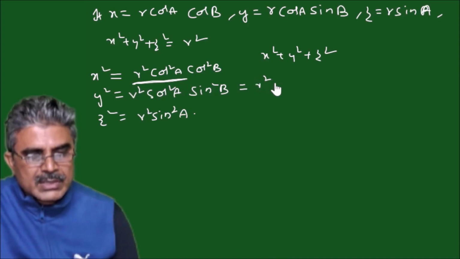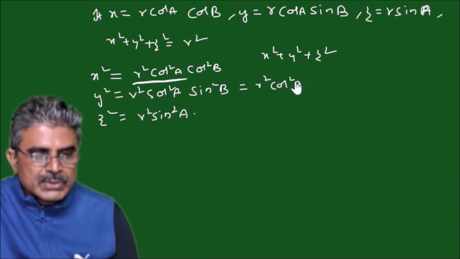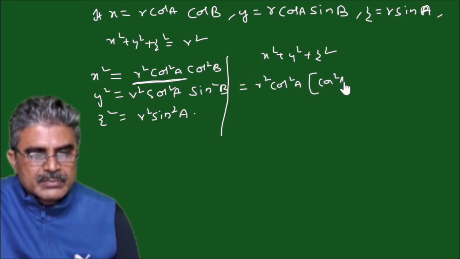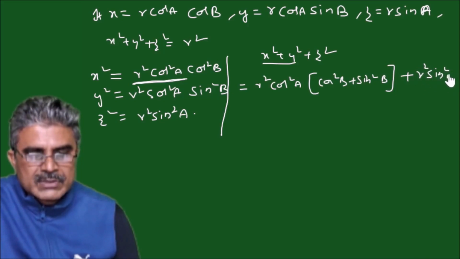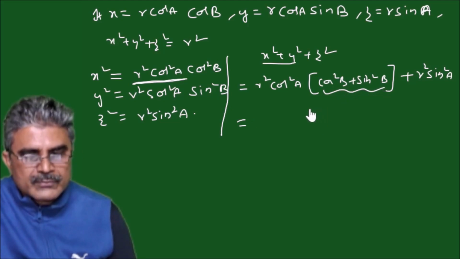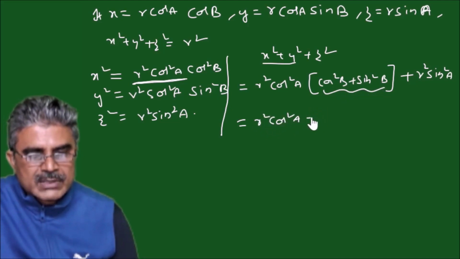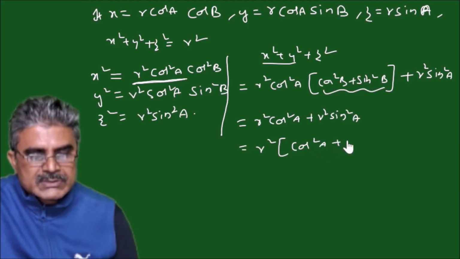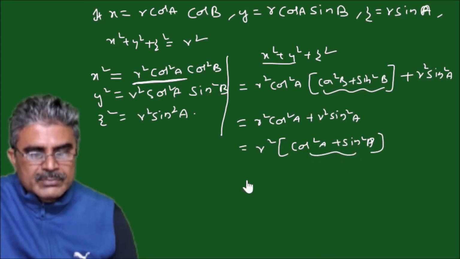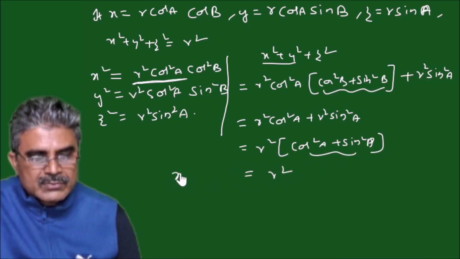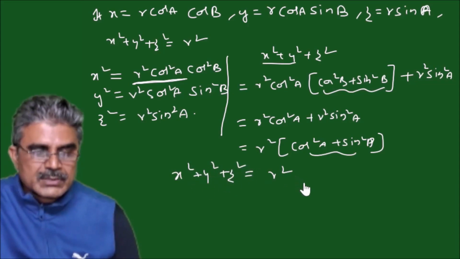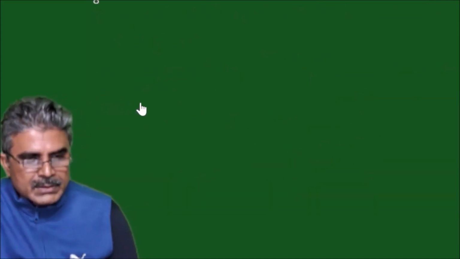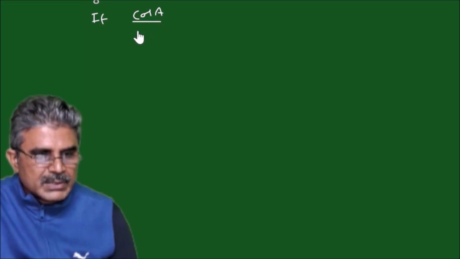So take r square cos square a as common in those two, you will have cos square b plus sin square b in those two terms, and plus z square is r square sin square a, which will give, here it is 1 from identity, so you have r square cos square a plus r square sin square a, which will give r square as common, and this is cos square a plus sin square a, so from identity is 1, so the remaining thing is r square, which is equated to x square plus y square plus z square. Hence it is proved.